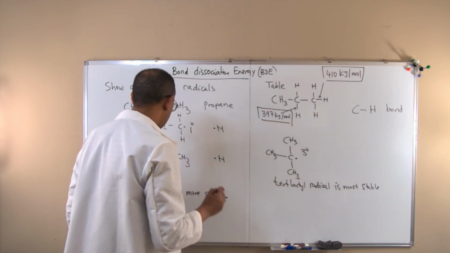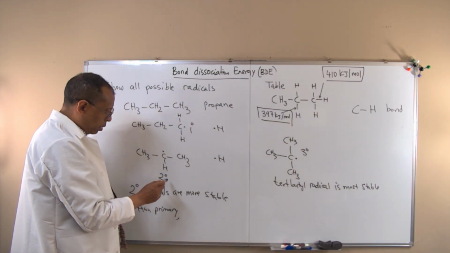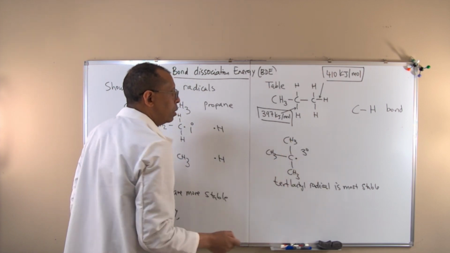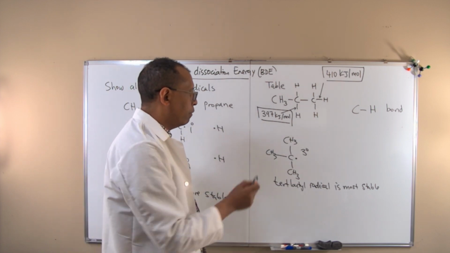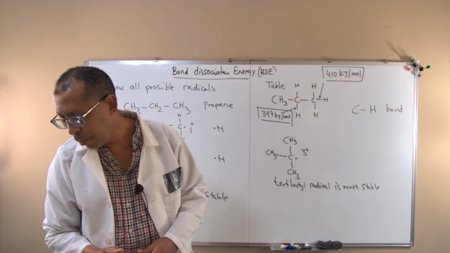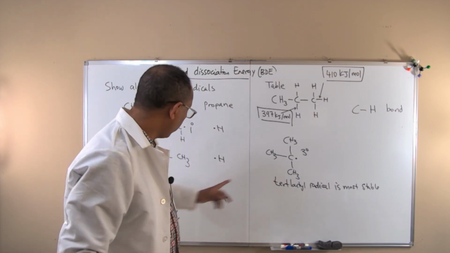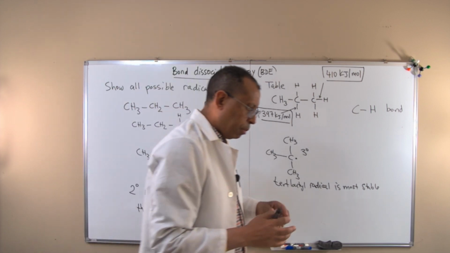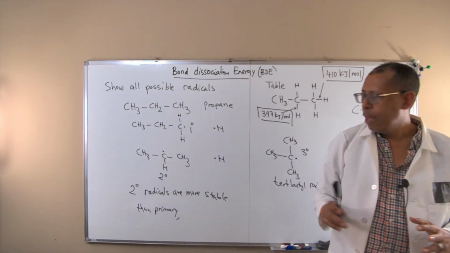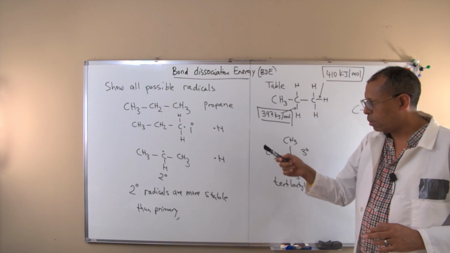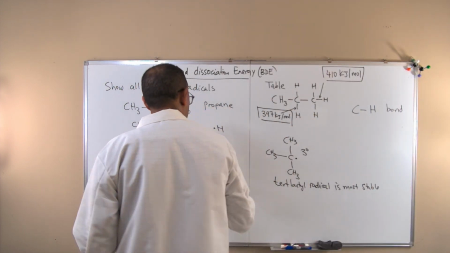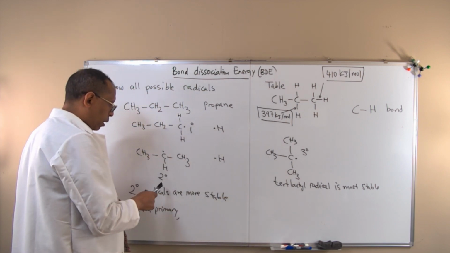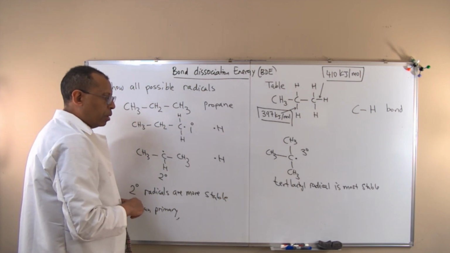If you compare the primary radical, secondary radical, and tertiary radical, the tertiary is easy to form. The bond dissociation energy for this would be much, much less than for the primary and secondary. So from now on, remember, forming a radical, which is a bond dissociation of carbon-hydrogen, is much easier for a tertiary than a secondary than a primary.